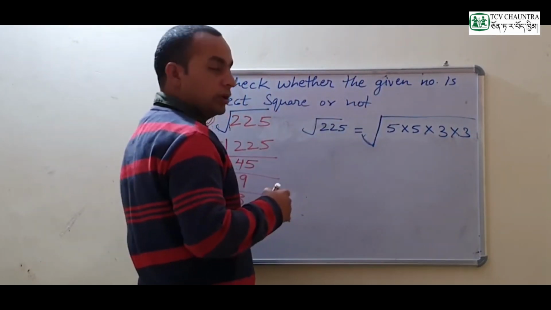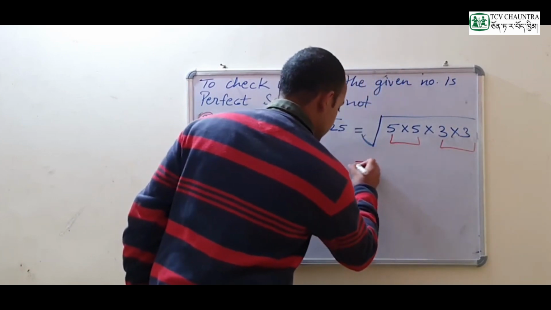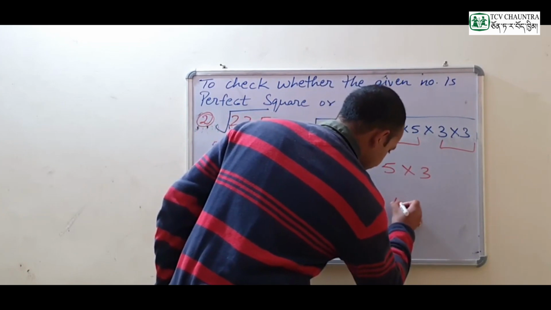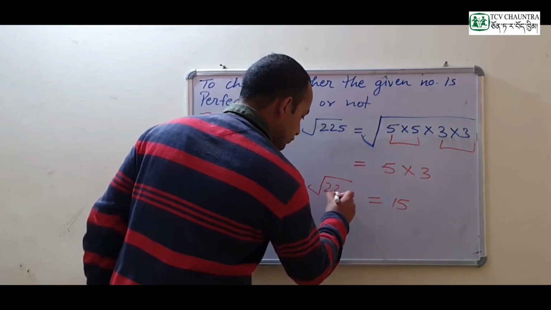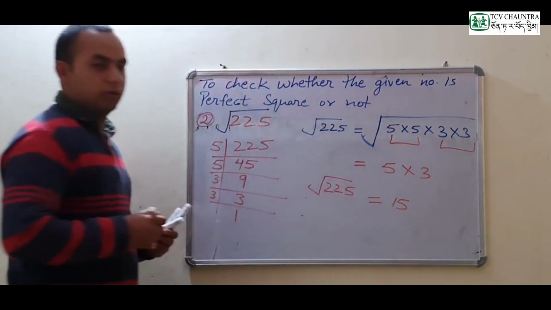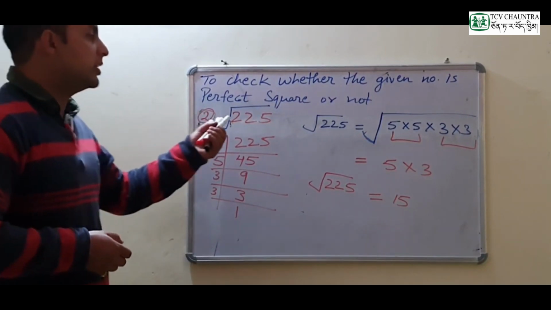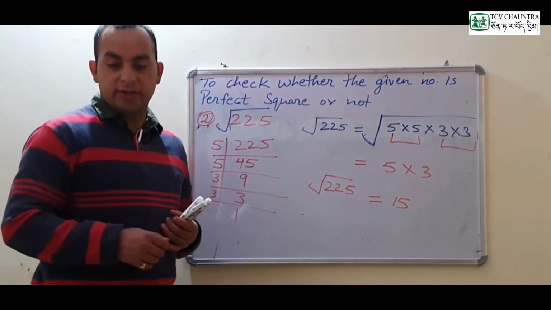We check the square root of 225. You write each common factor only once: 5 once, 3 once. So 5 multiplied by 3, that is 5 3s are 15. So the square root of 225 is 15. This is how we check whether the given number is a perfect square or not with the help of the prime factorization method.